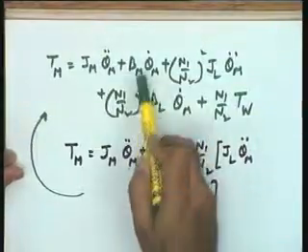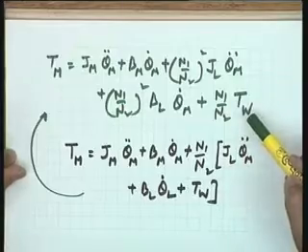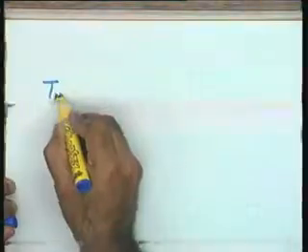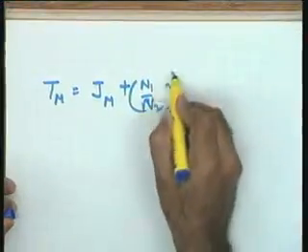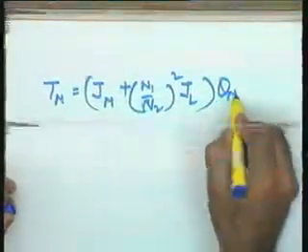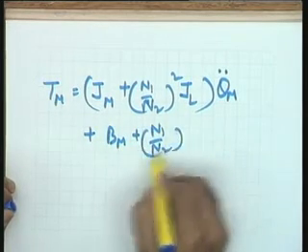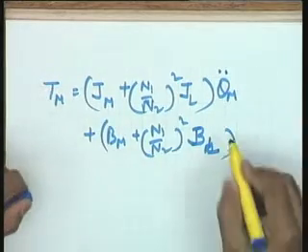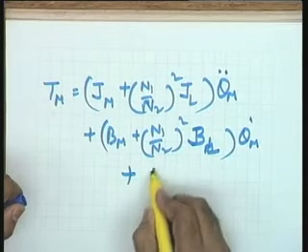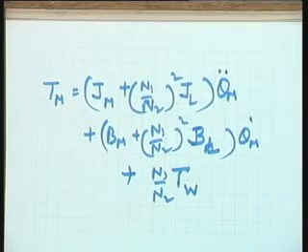I can club these two terms, Bm plus this term, I am going to get as the total frictional term, and this is the equivalent disturbance on the load, and hence the expression Tm is equal to Jm plus N1 by N2 squared JL into theta M double dot plus Bm plus N1 by N2 whole squared BL, sorry, yes, this is okay, theta M dot plus N1 by N2 TW. Please see what is the interpretation of this.